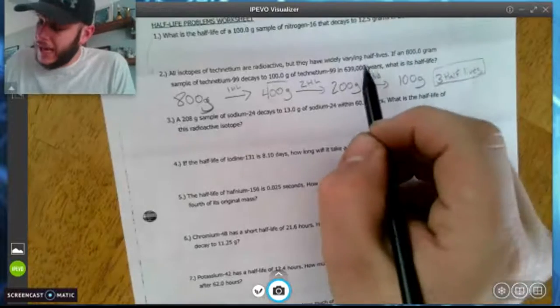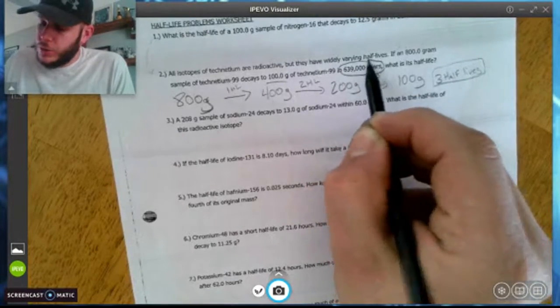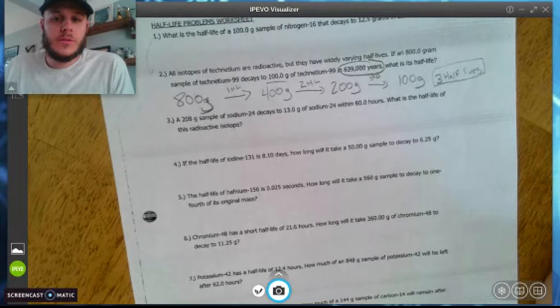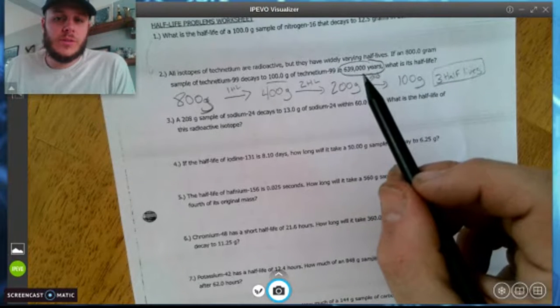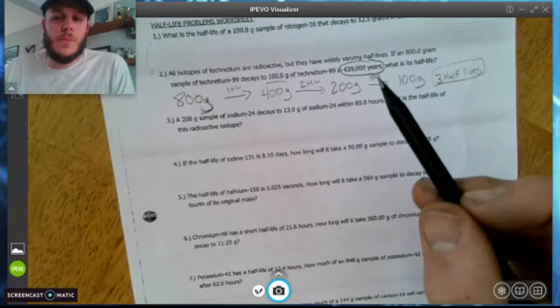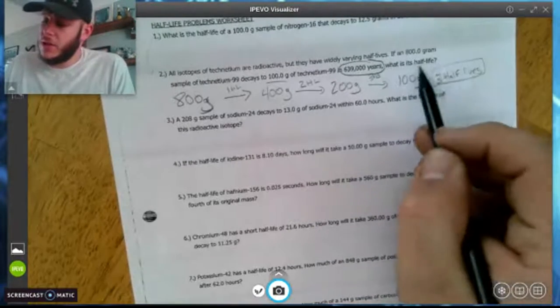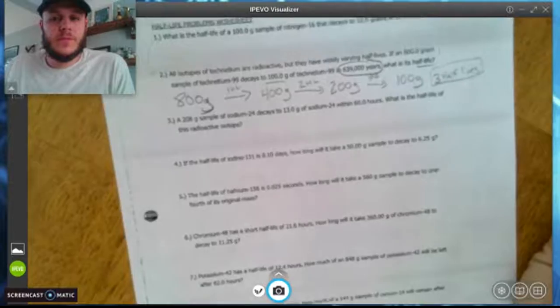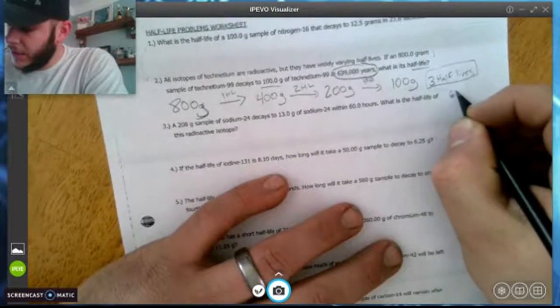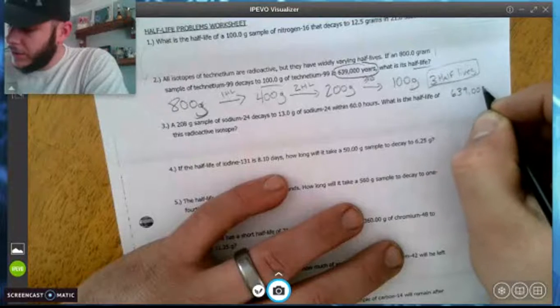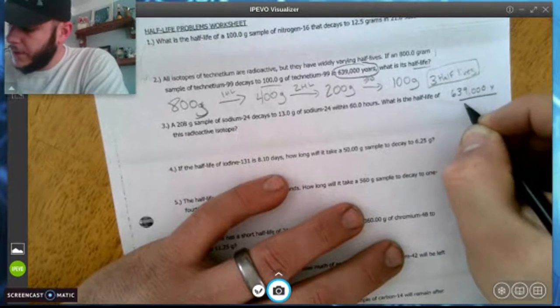The total time that took was 639,000 years. So 3 half-lives took that many years. How much time is one half-life? It's really basic math at that point: 639,000 years divided by 3.